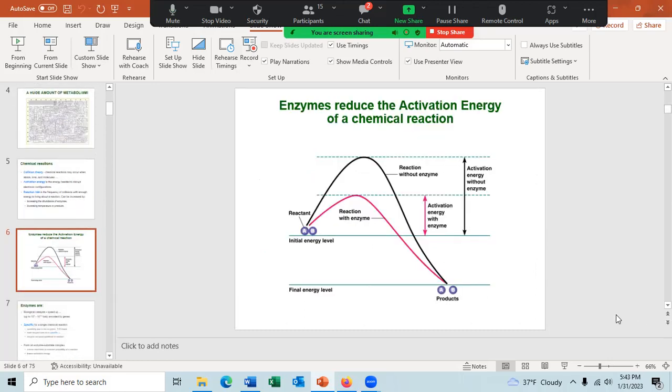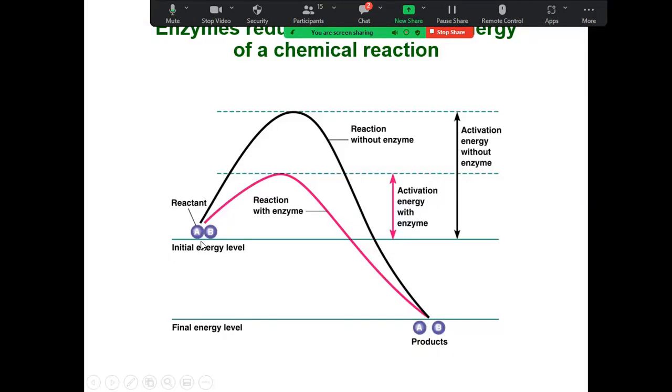All right. So this chart is showing you the activation energy of a chemical reaction. We start with substrates, which have a certain level of energy in the molecule. And then we end with the products, which have another level of energy in the molecules.